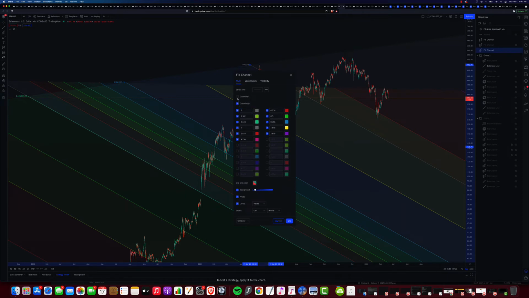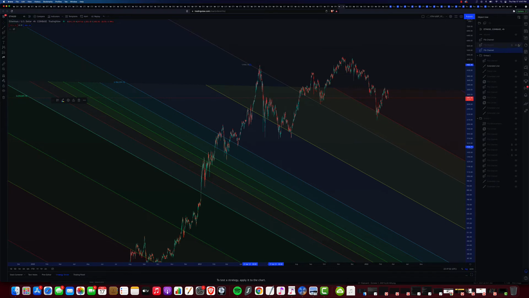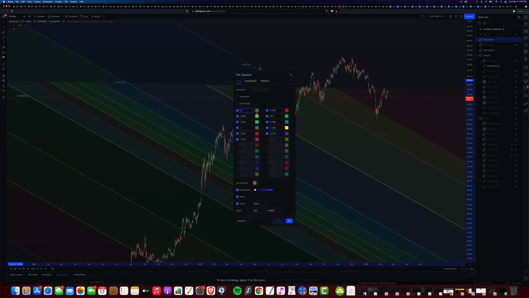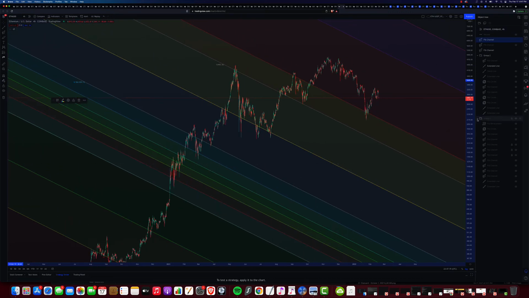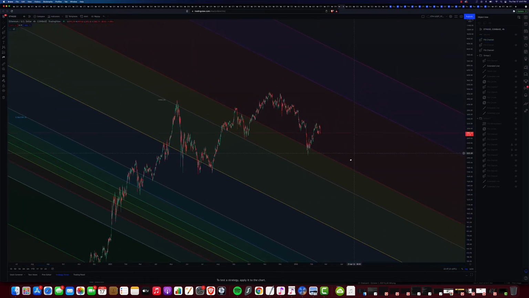Extend right, extend left. Do the same thing with this one. Extend right, extend left. And what that does is it makes your line just go off into infinity. It just keeps going.